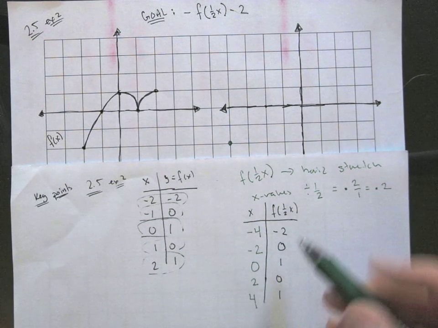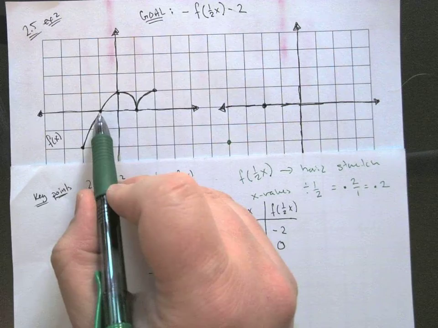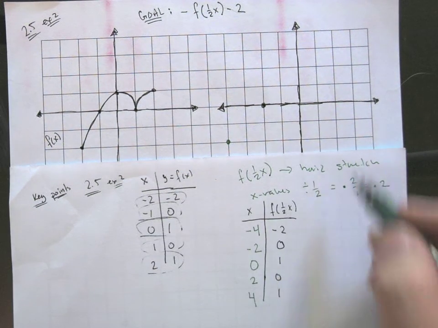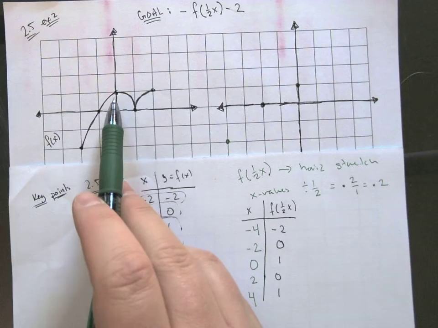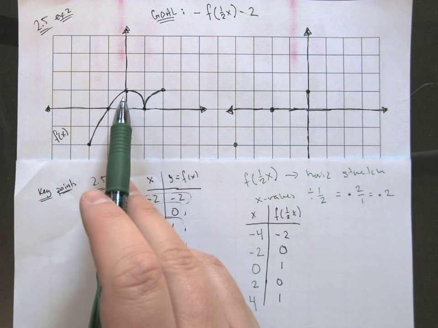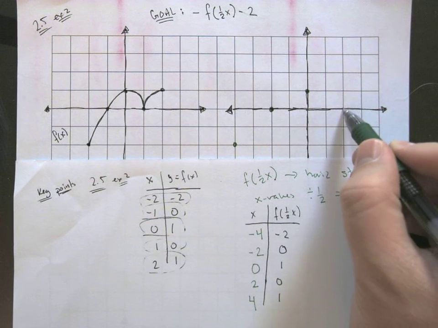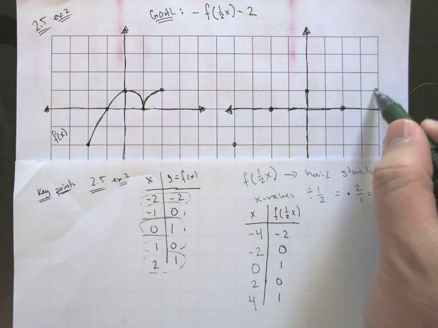So this is -2, 0. That used to be this point, so now it's here. We're going to have 0, 1. That actually stays the same, because if I multiply x equals 0 by 2, I just get x equals 0 again. +2, 0 is going to be here, and then 4, 1 is going to be here.